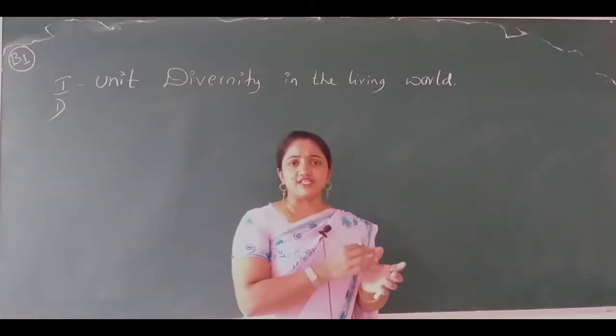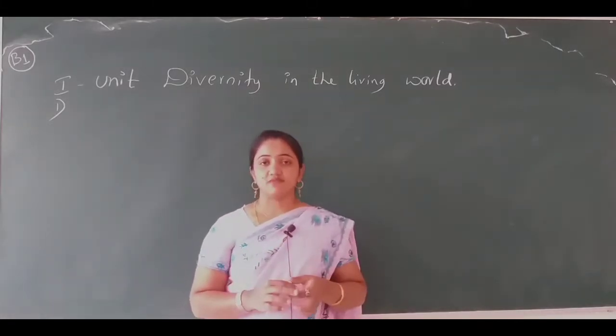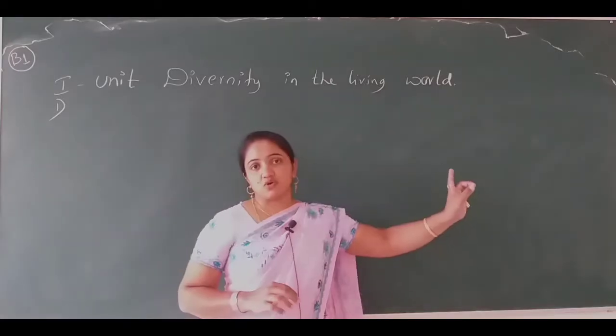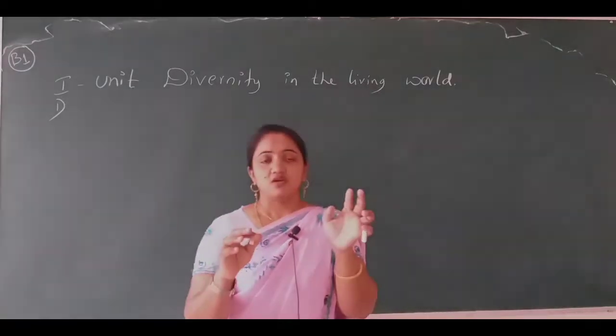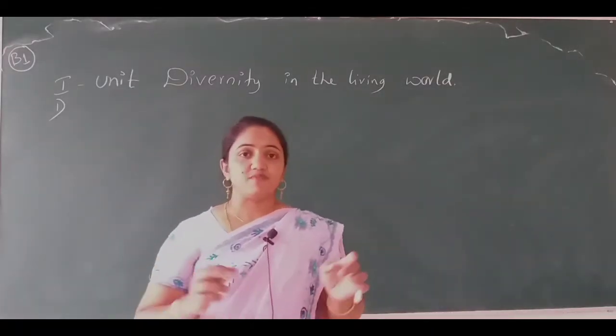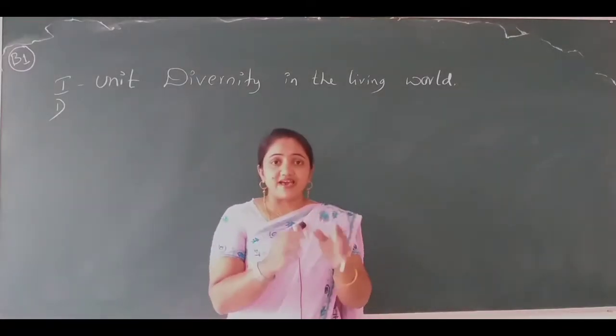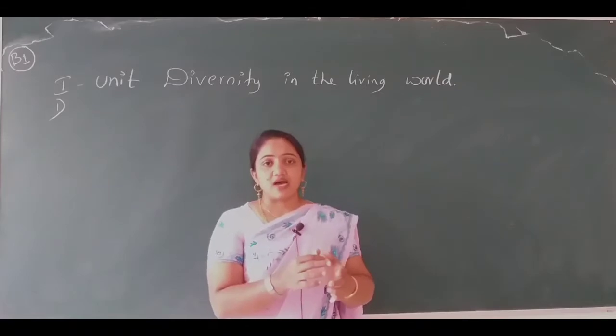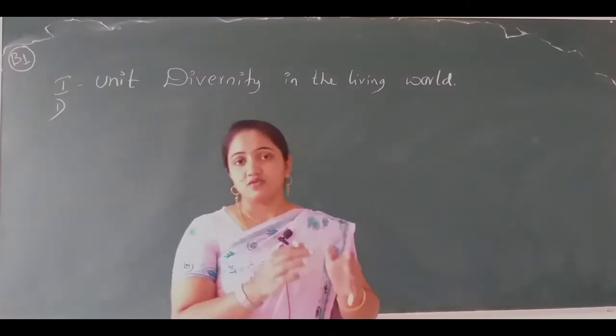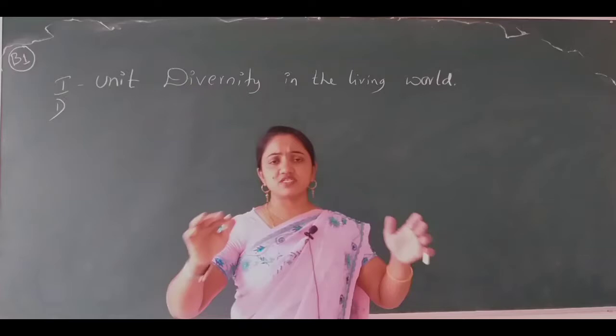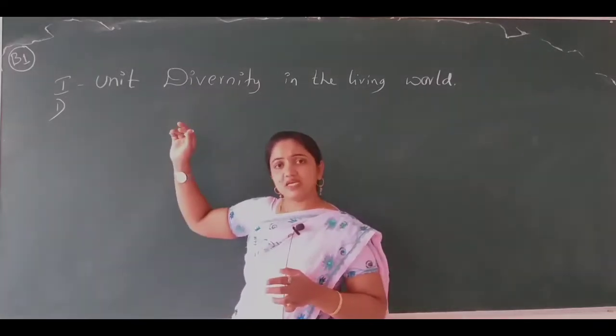Right from those organisms till today, the plants, animals, everything we are learning, where it is present, on what habitat it is available. All those things we will be learning in this unit.